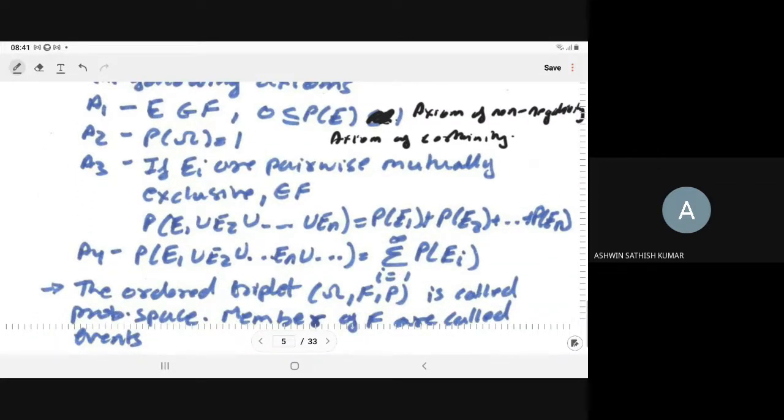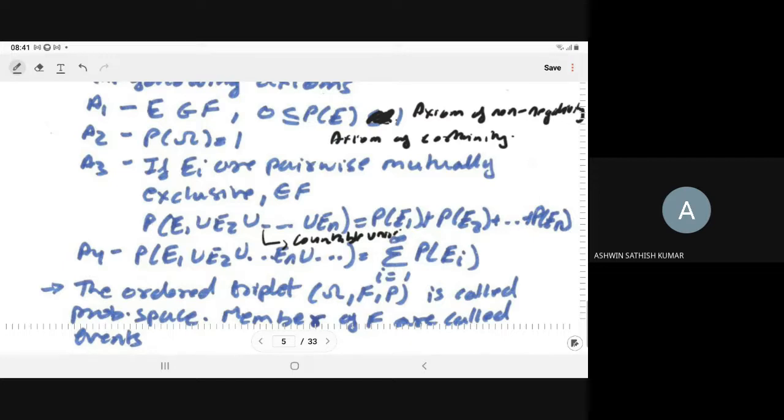Then if the Ei are pairwise mutually exclusive and belong to the sigma field F, then the probability of occurrence of at least one event, that is the countable union, P of E1 union E2 union En, is equal to P of E1 plus P of E2 plus P of En.